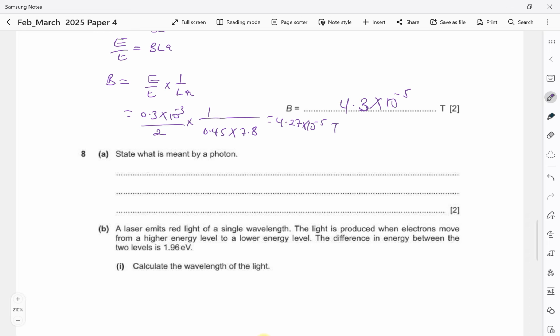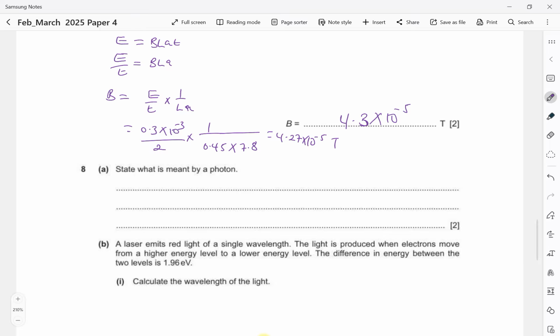A packet of energy, or a quantum of energy, of electromagnetic radiation.